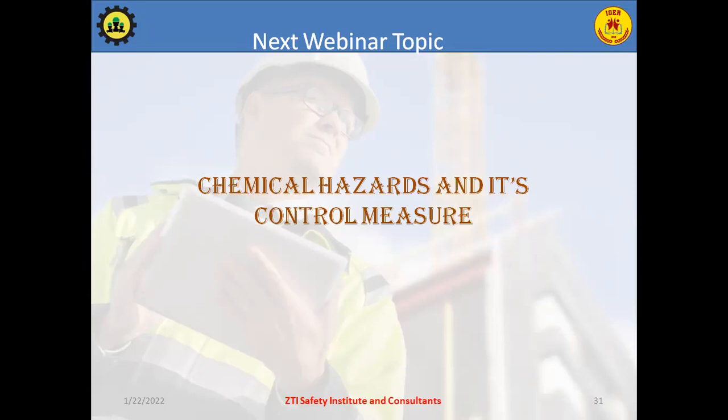We will cover how these chemicals are classified on the basis of their severity, and how control measures are applied in real scenarios with examples, and how these control measures are effective when implemented, from real-time experience and real-time examples of industries which have applied a number of control measures to contain these chemical hazards.